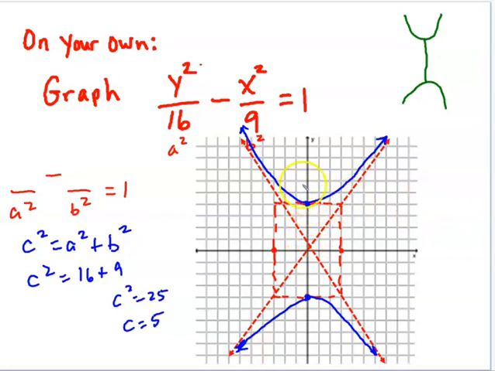Let's do those in a different color. So I have a focal point at 0, 5, and 0, negative 5. Those are the foci.